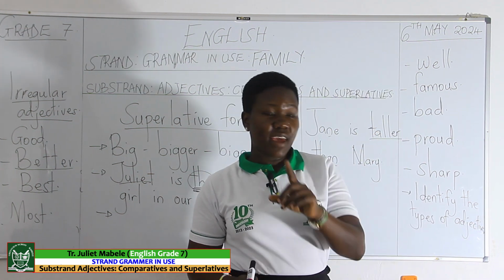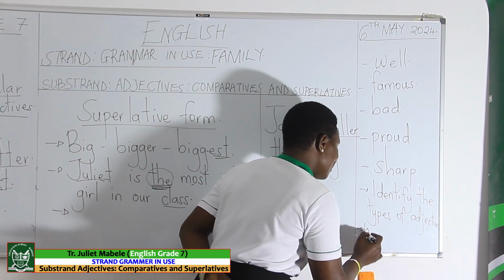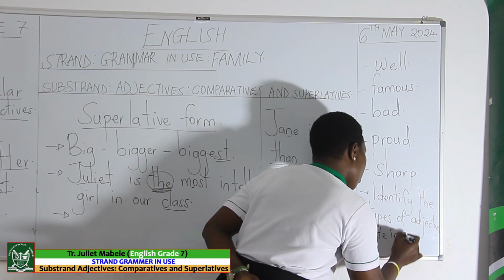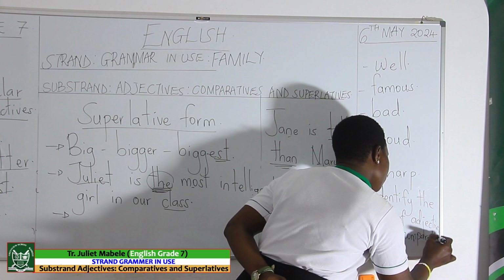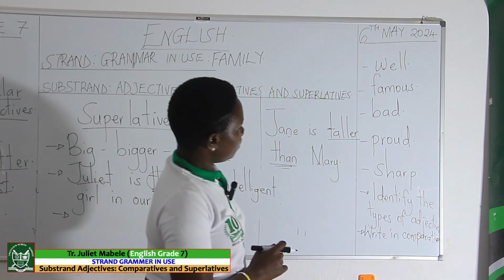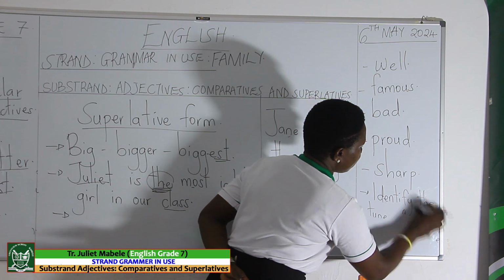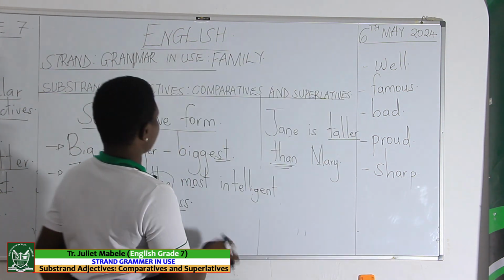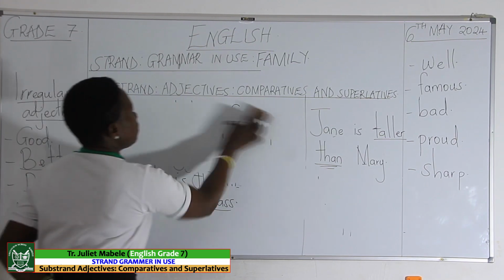Then after identifying, I want you to write the adjective in the comparative and the superlative form of each adjective. Let me clear this so that I can write it somewhere else. Write those ones down.